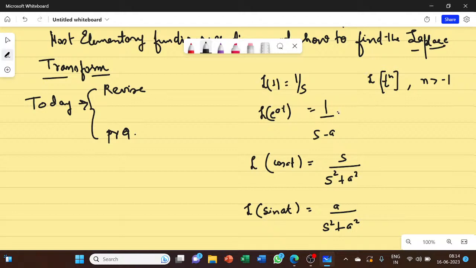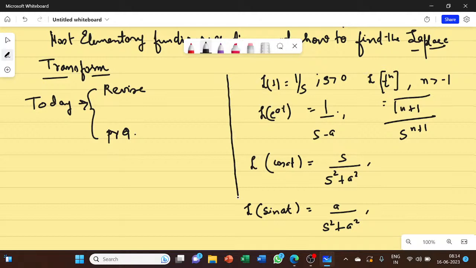The condition for existence of the Laplace transform of 1 is that s must be greater than 0. Here the condition must be s greater than a, and all these conditions we have already discussed. And here the Laplace transform should be gamma of n plus 1 divided by s raised to power n plus 1. So these are all those Laplace transforms that we have already done in our previous lectures.